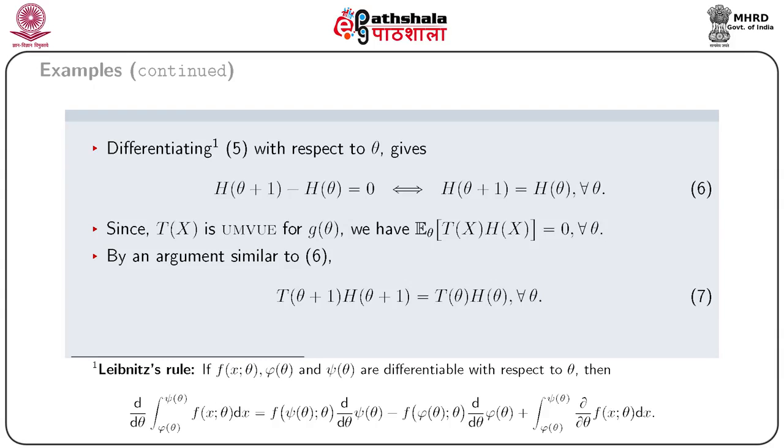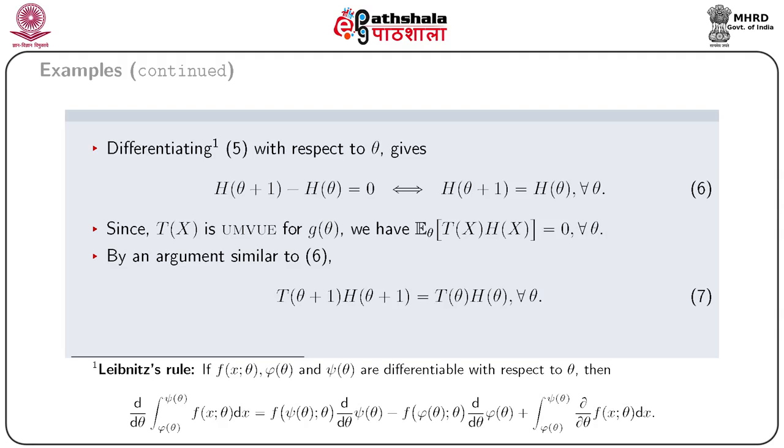We write this as equation 1. Let T(x) be a UMVUE of g(theta). Then T(x) is uncorrelated with h. Therefore, expectation of h into T is equal to 0 for all theta.